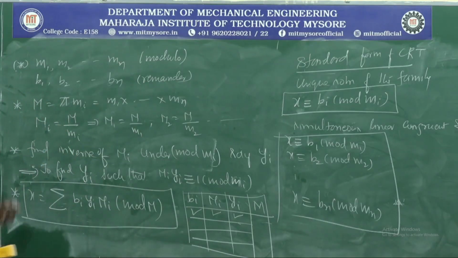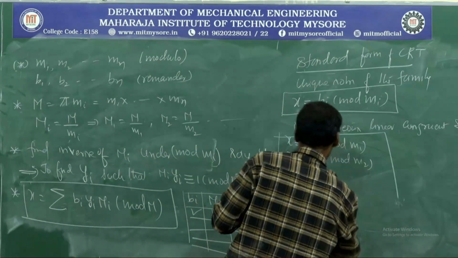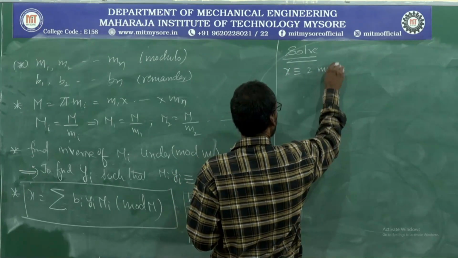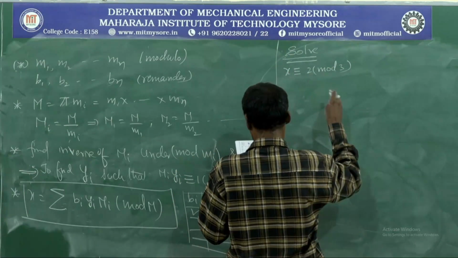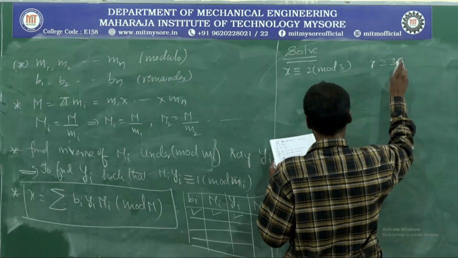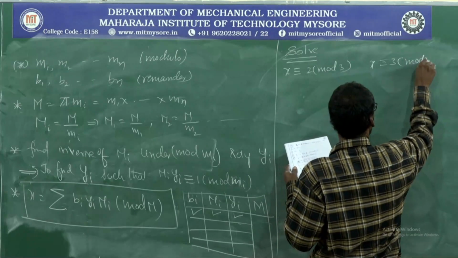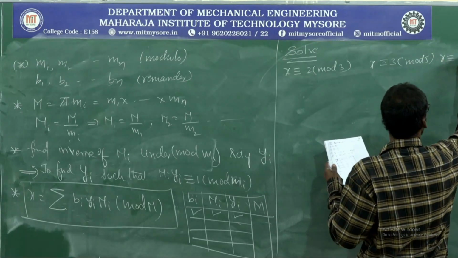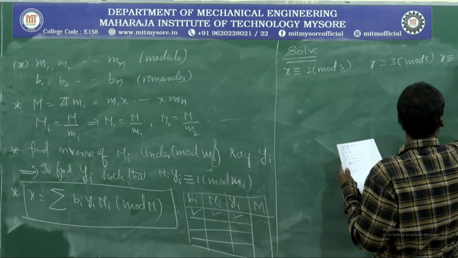I will go with one problem under Chinese remainder theorem. X is congruent to 2 mod 3, x is congruent to 3 mod 5, and x is congruent to 2 mod 7.